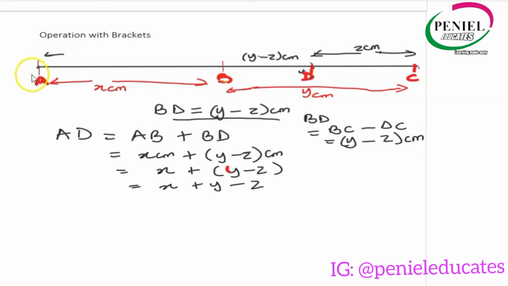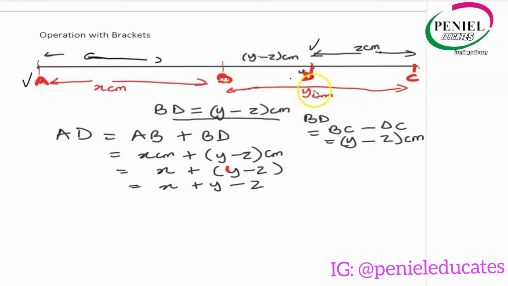This is A, this is D. For you to find the line AD, you're going to have line AB, which is this line here, plus BD, which will give you line AD.